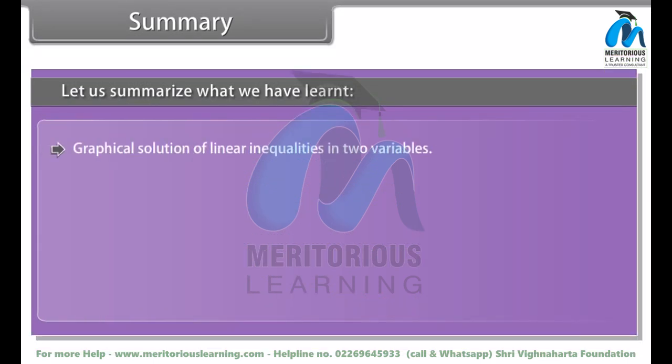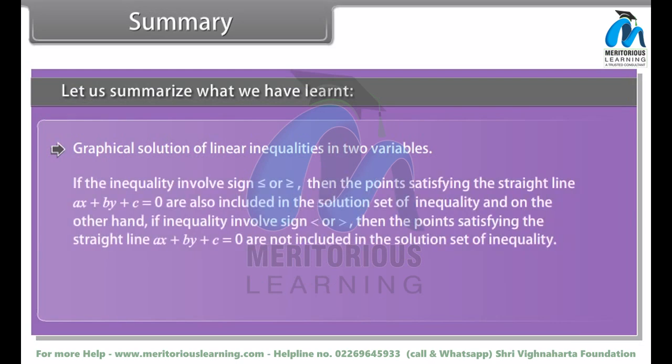Graphical solution of linear inequalities in two variables. If the inequality involves the sign less than or equal to, or greater than or equal to, then the points satisfying the straight line ax plus by plus c is equal to 0 are also included in the solution set.